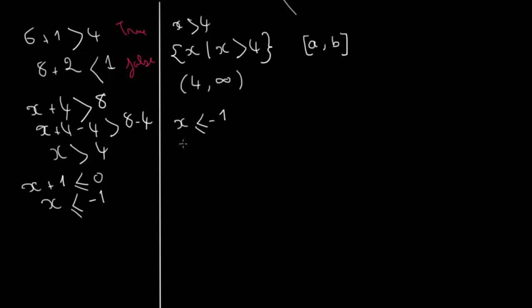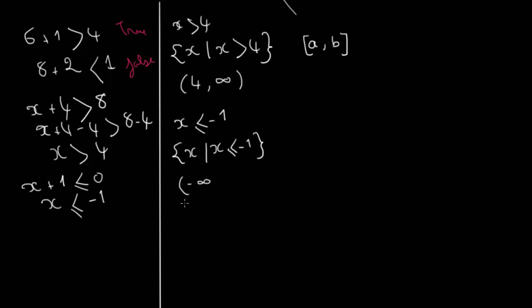Now, the other example is x less than or equal to -1. The set builder solution is simply x such that x is less than or equal to -1, and the interval notation is a little bit different because it's going to be half open, half closed, and we write here -infinity. Of course, this is not a number.